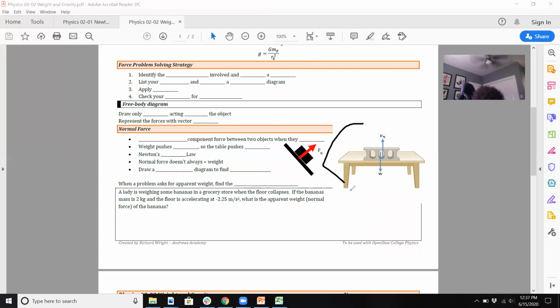Let's look at this situation one more time. Now, the thing that I need to emphasize is something called F net. When you hear the word net, what do you guys think of? Like, let's say net profit.